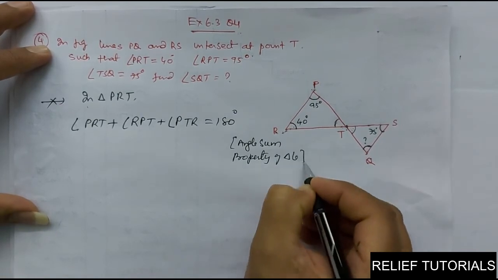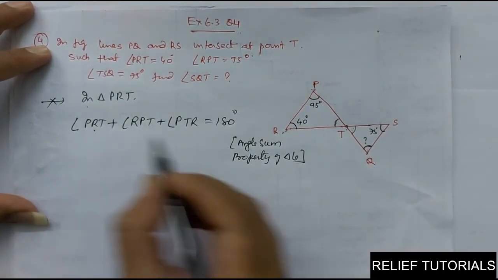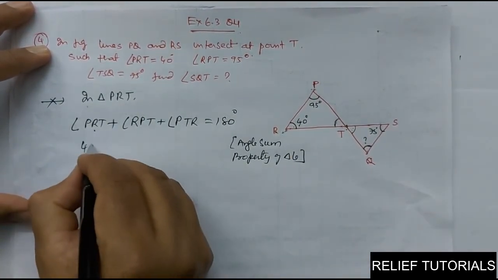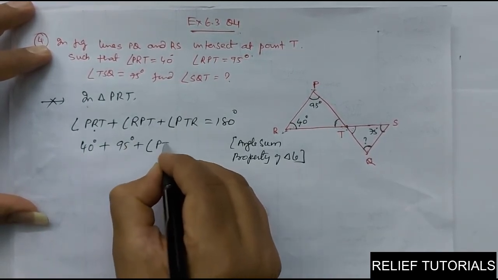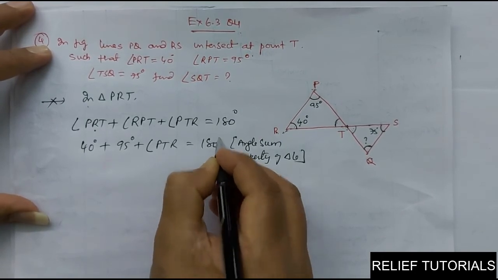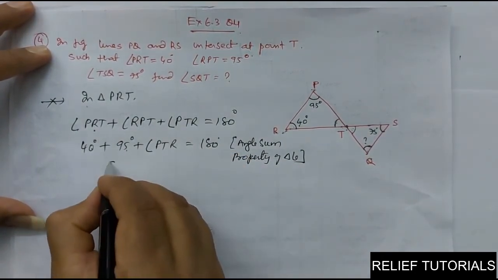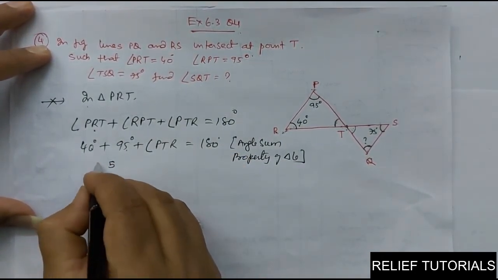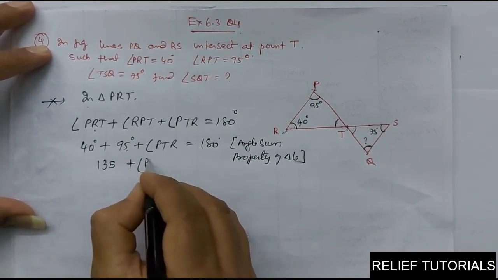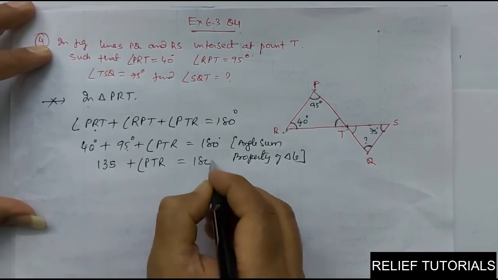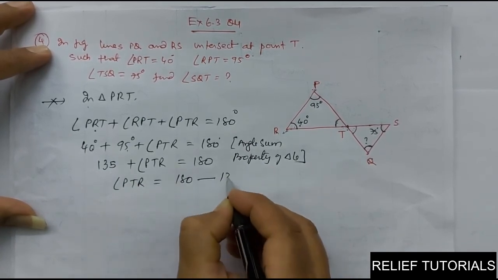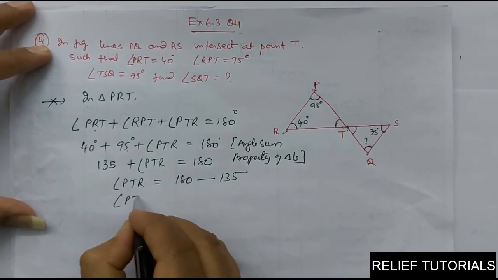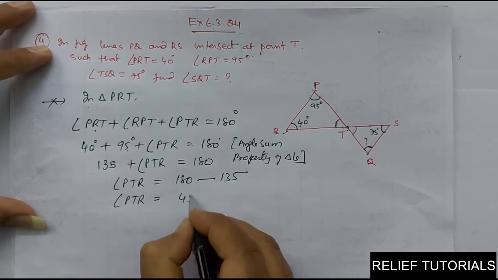Now PRT is already 40 degrees, RPT you have 95 degrees, plus angle PTR is equal to 180 degrees. Now 95 plus 40 is 135, so 135 plus angle PTR equals 180. So angle PTR is equal to 180 minus 135, so angle PTR is equal to 45.